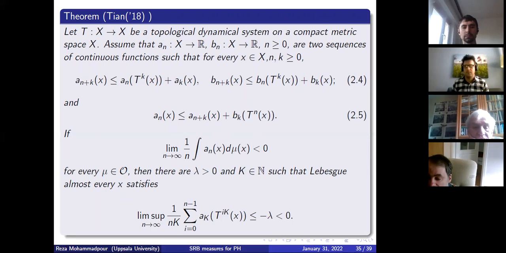But is there also no condition like integrability on B? Well, I guess subadditivity implies integrability. Yes, because here I'm talking about a topological dynamical system on a compact metric space, so you have some kind of integrability, because A and B are continuous. Okay, I'll continue.